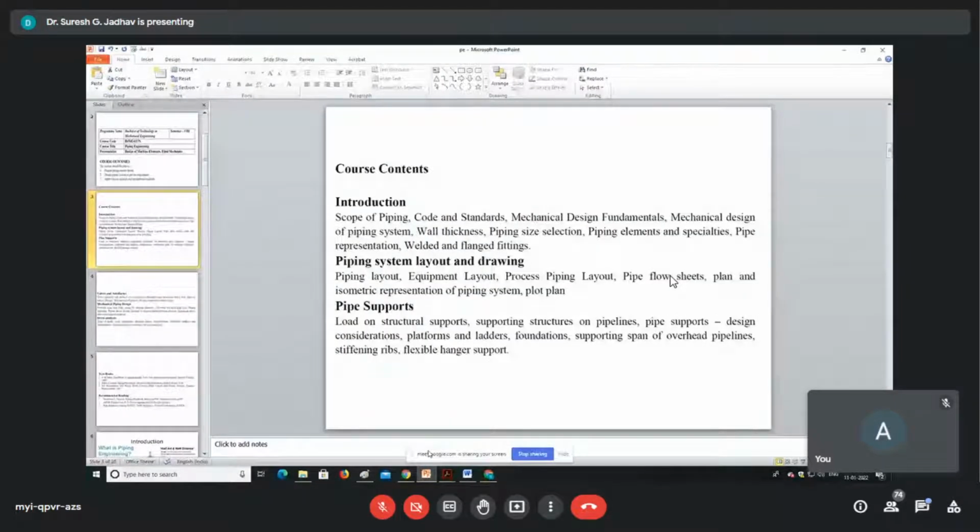In the introduction, we'll see the scope of piping, codes and standards, mechanical design fundamentals, mechanical design of piping systems, wall thickness, piping size selection, piping elements and specialties. Next is pipe representations, welded and flanged fittings. This is all about the introduction.